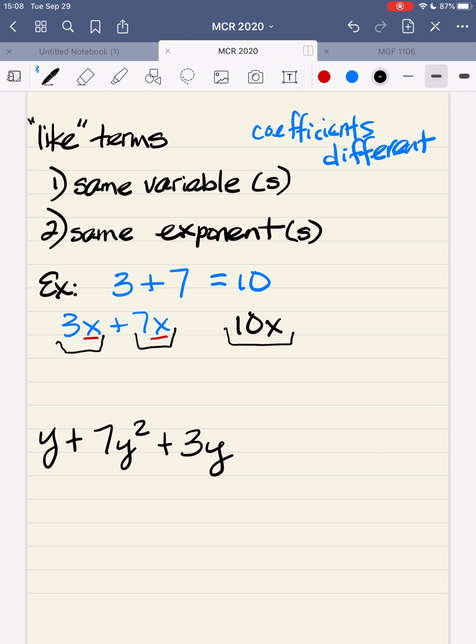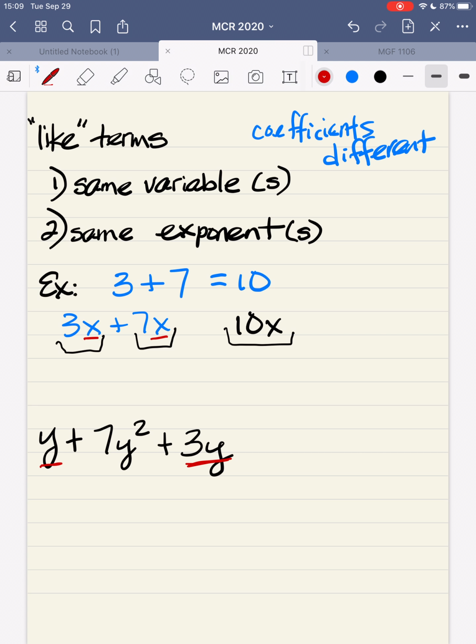All right. Let's go ahead and do a quick example right here. So I have y plus 7y squared plus 3y. Right? I'm looking for like terms. Now all of these have y's. Okay? So all of them meet criteria number 1. They have a y. But only 2 of them have the same exponent, which is this one and this one. The 7y squared has a different exponent.